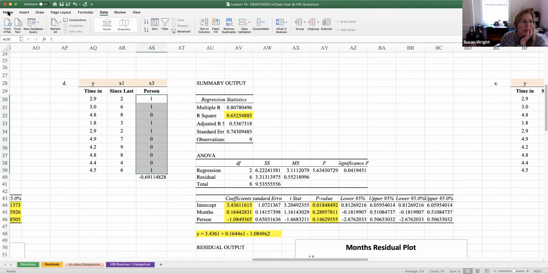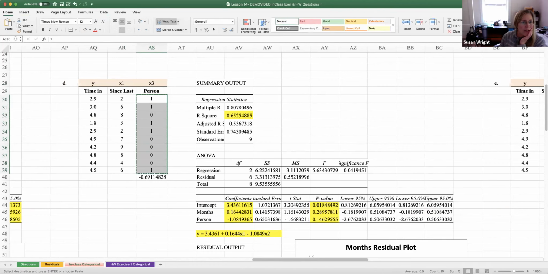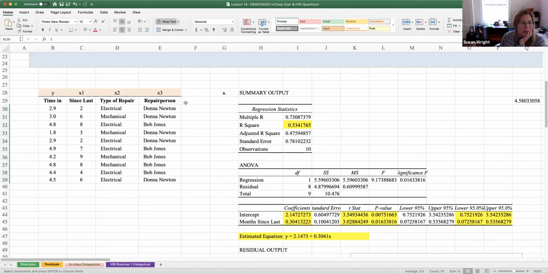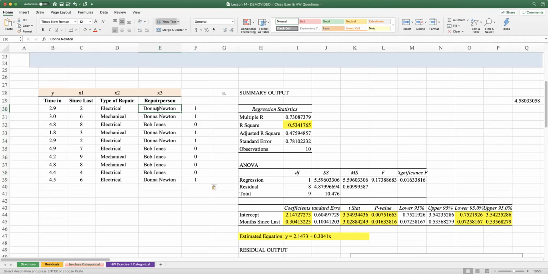Let me copy that for a second and take you back here. Put it right there. What did I do? How's Donna being coded? 1. Yeah, and how's Bob being coded? 0.